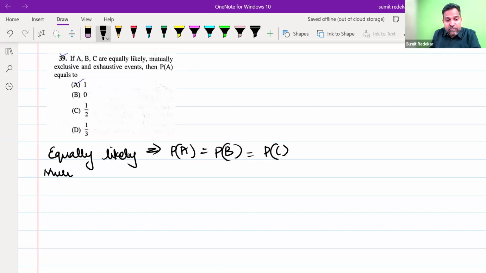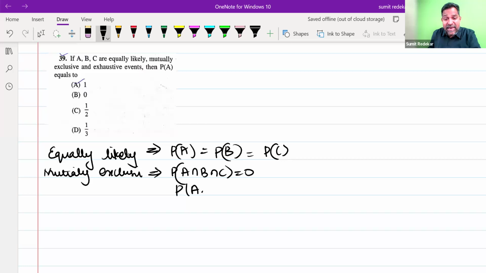Mutually exclusive implies that probability of A, B, and C happening together is absolutely no chance.